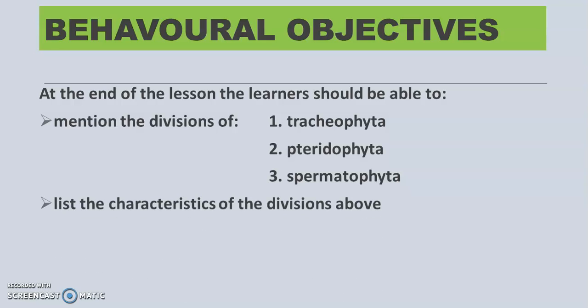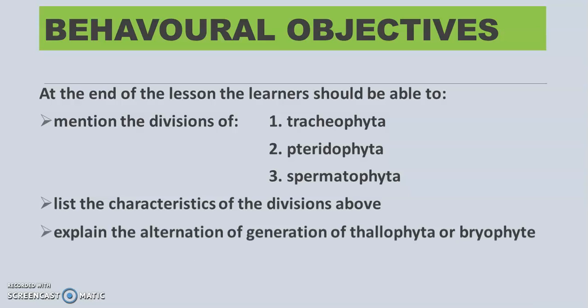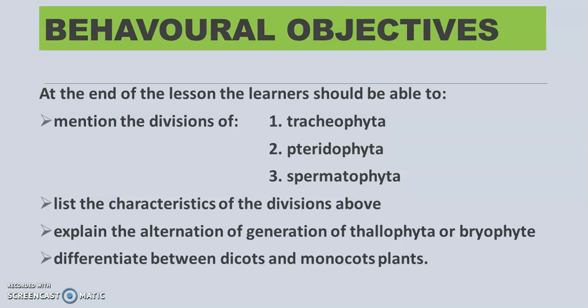You should be able to list the characteristics of these divisions, explain what is meant by alternation of generation in this phylum, Tracheophyta. And then you should be able to differentiate between the class dicot and the class monocot plants.